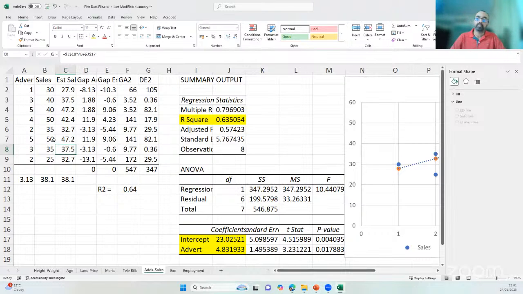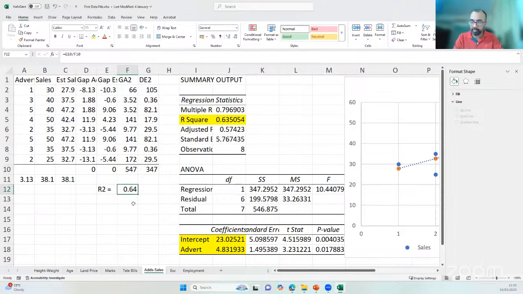Once they come to the line, they will be equal. And as a result, this value here will also be this value because that is the same figure. So when you divide that by the same value here, you will get 1.